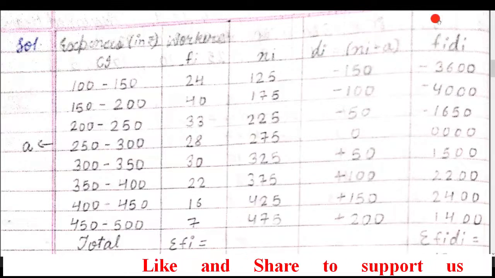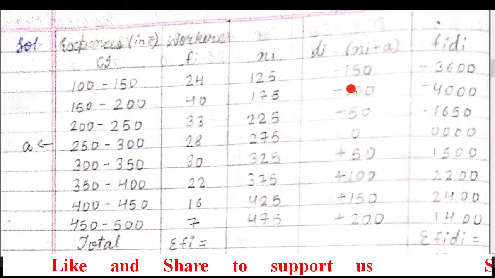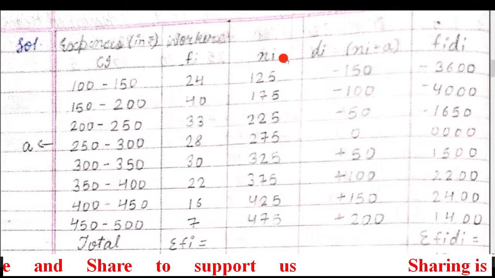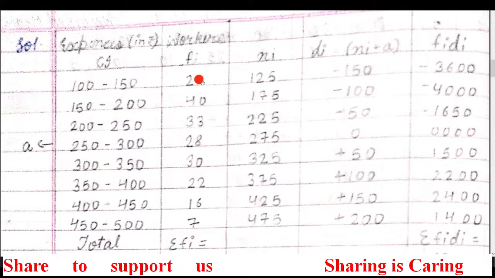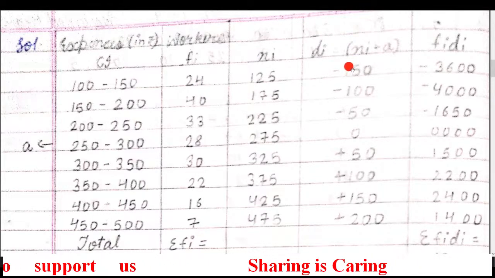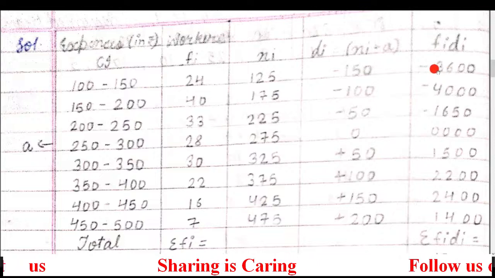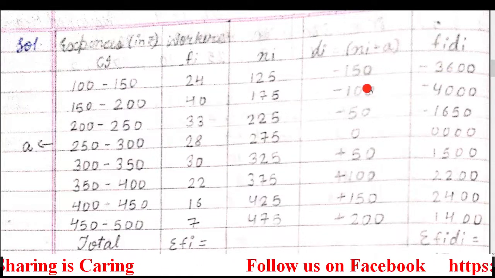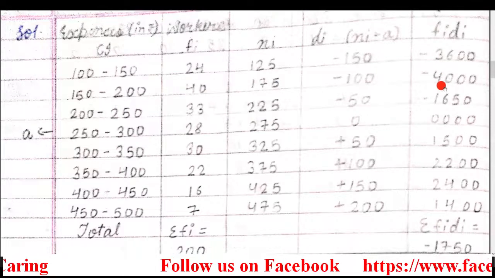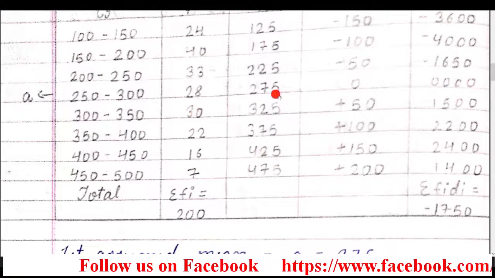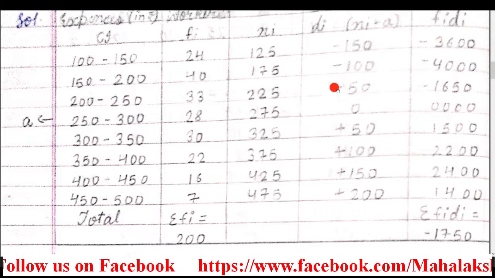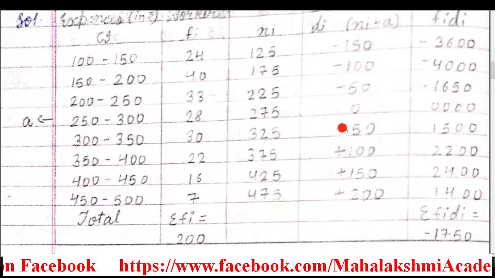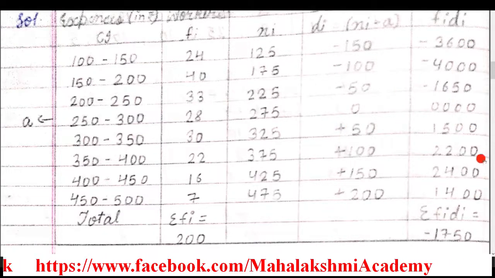And then finally what we have here, Fi Di. Fi Di means the product of Fi column and Di column. So when you multiply 24 and minus 150, the answer is going to be minus 3600, and then 40 multiplied by minus 100, the answer is minus 4000. Like this, just multiply the Fi column and Di column, and you will get the Fi Di data.